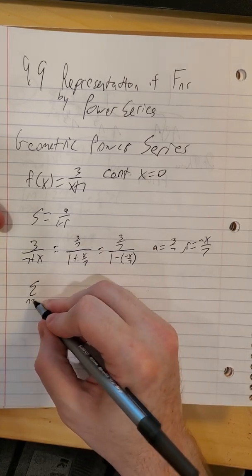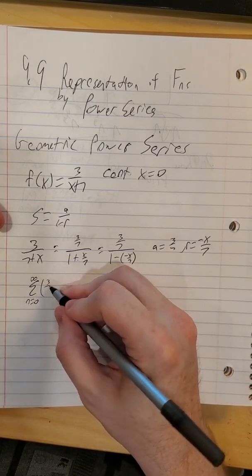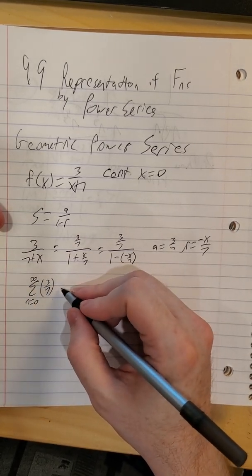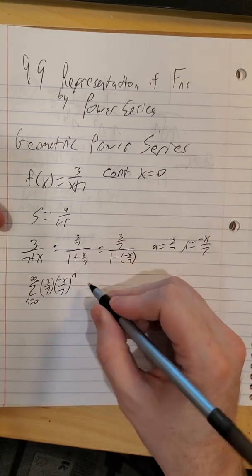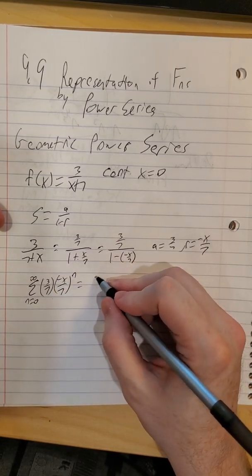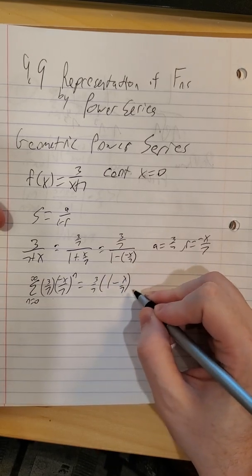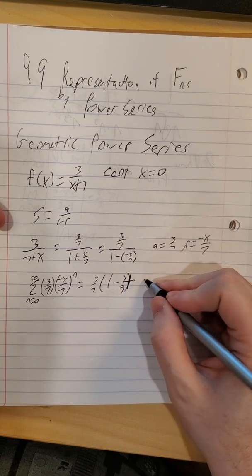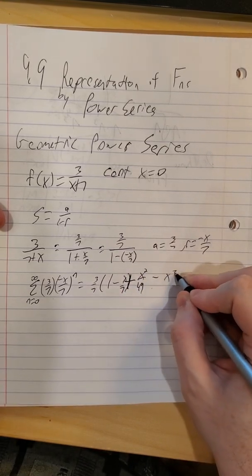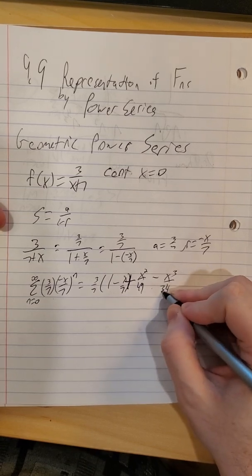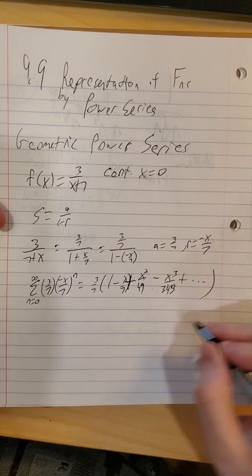So we have the sum from n equals 0 to infinity of 3 7ths times r to the n, minus x over 7 to the n. So 3 7ths times 1 minus x over 7 plus x squared over 49 minus x cubed over 343 plus etc. forever.